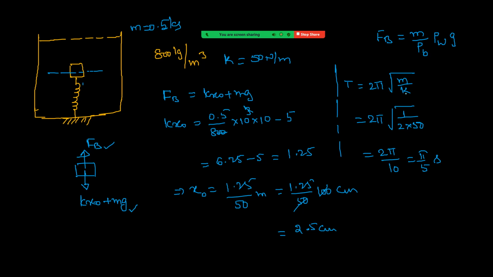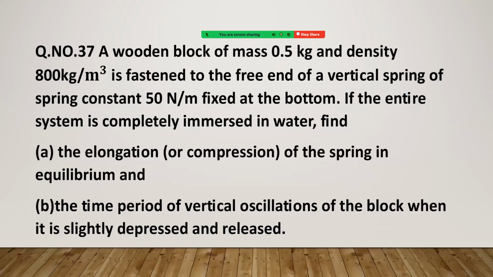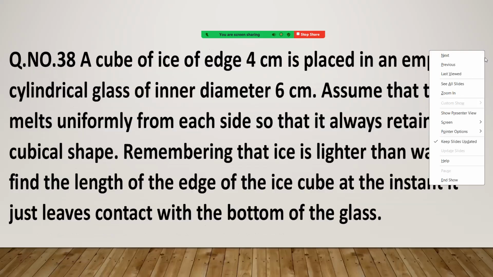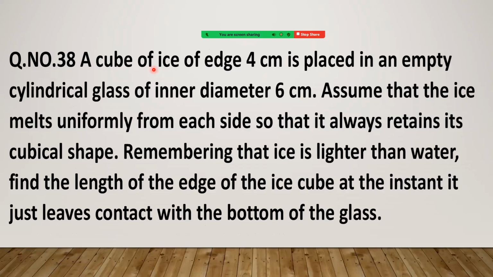Let us see the next problem. Let's see the question given. A cube of ice of edge 4 centimeter is placed in an empty cylindrical glass of inner diameter 6 centimeter. Assume that the ice melts uniformly from each side so that it always retains its cubical shape.